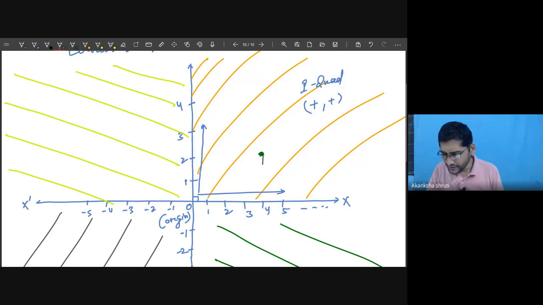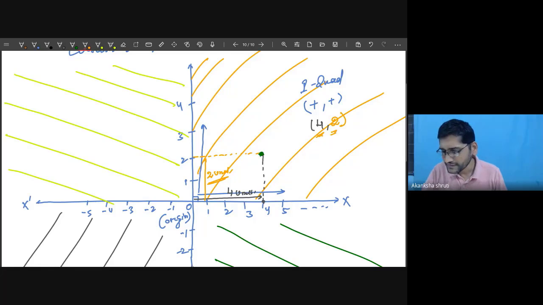It cuts at 4, so the point on the x-axis where it touches is 4 units. This 4 will act as the x coordinate. Also draw the perpendicular from the same point on the y-axis. On the y-axis it cuts at a distance of 2 units. Therefore, its y coordinate will be 2.